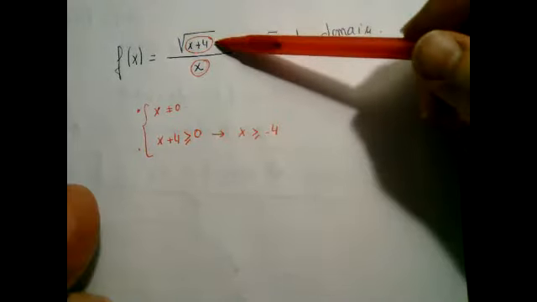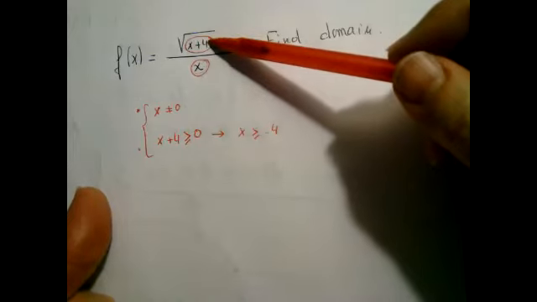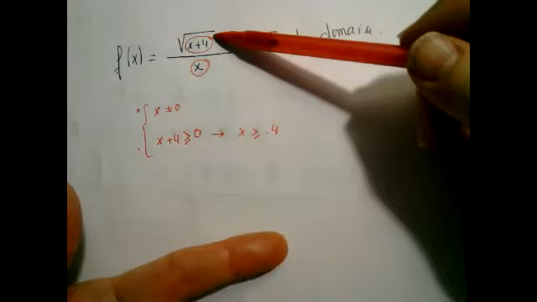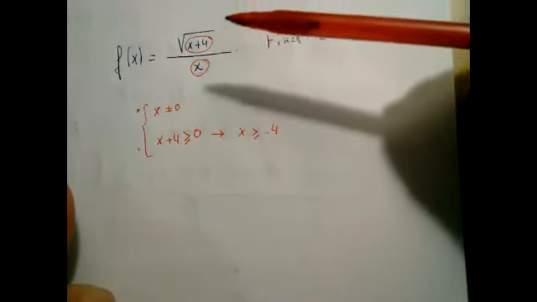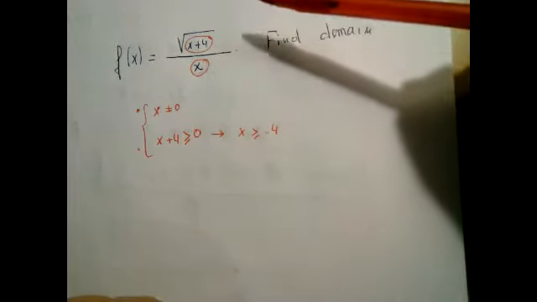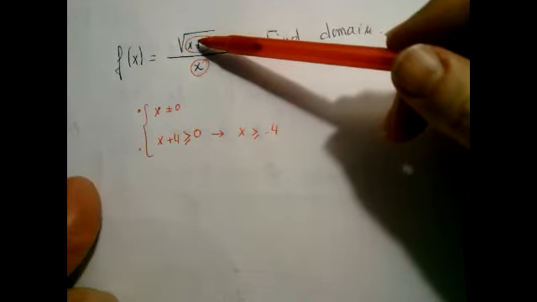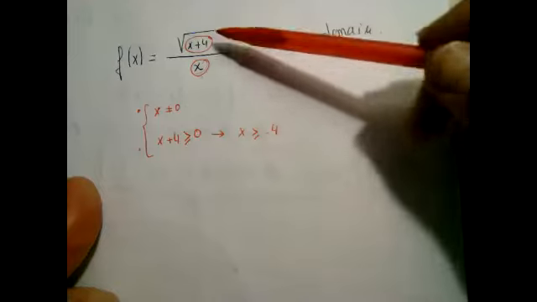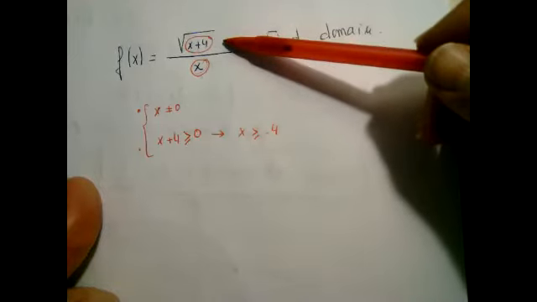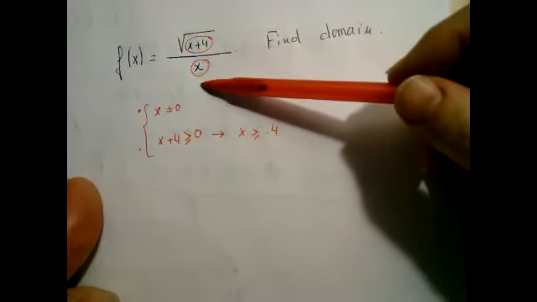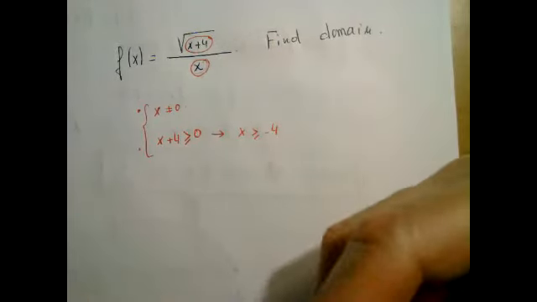So minus 3 will do. The square root of minus 3 plus 4 is the square root of 1, over minus 3, it will do. Minus 2 will do. Minus 1.5 will do. Minus 1.6 will do. However, minus 5 will not do because it makes this negative. Minus 4.1 will not do, it makes this negative. 0, of course, will not do because it makes the denominator 0.